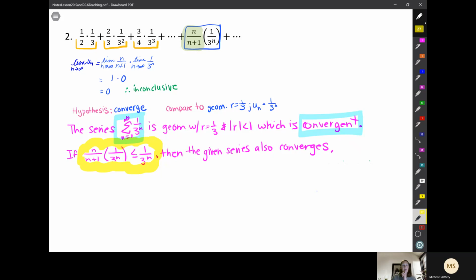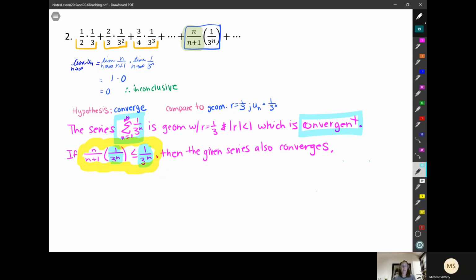So what can I think about? I can see here that both sides have a 1/3 to the n. So let's think about the quantity n over n plus 1. If it is greater than 1, then that would not be what I want. If it is less than 1, then a number less than 1 times 1/3 to the n is going to be less than just 1/3 to the n.